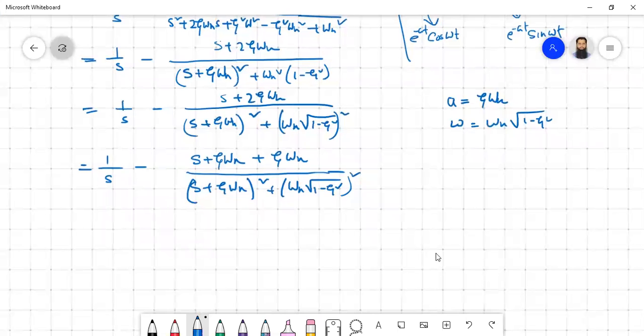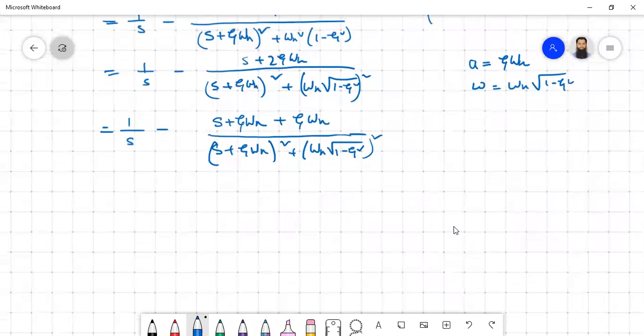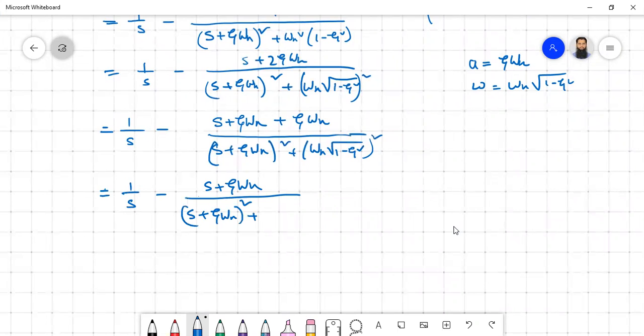Okay, so now if we separate, then what we are going to get is 1 by s minus (s plus zeta omega n) by ((s plus zeta omega n) whole square plus (omega n root over 1 minus zeta square) whole square). Now, next parameter that we have, we have to have this quantity here.